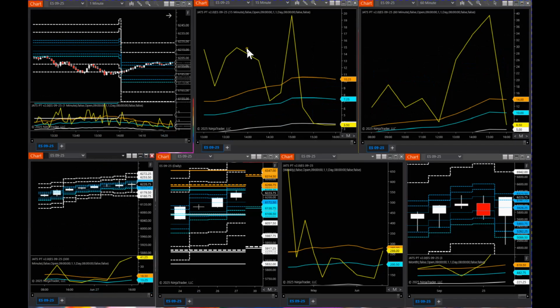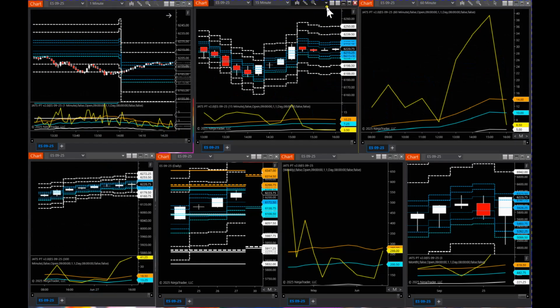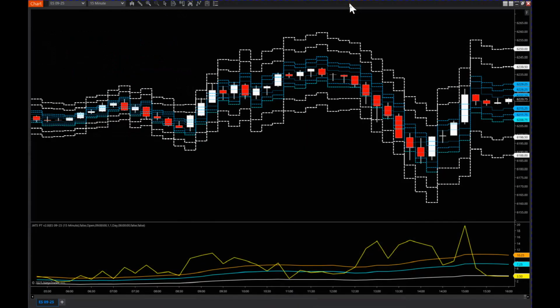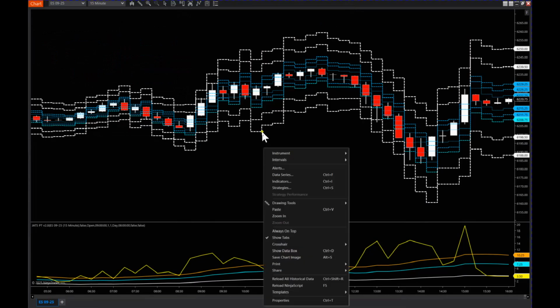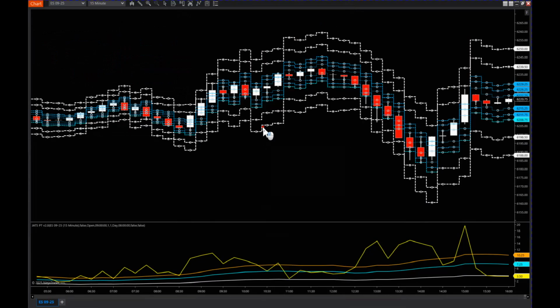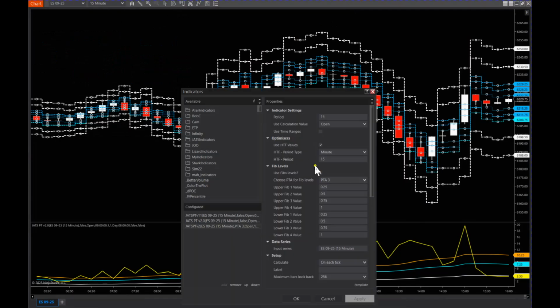So let's take our 15-minute range and overlay, instead of a 15-minute range, which is the same thing, we'll overlay that 60-minute and 300.